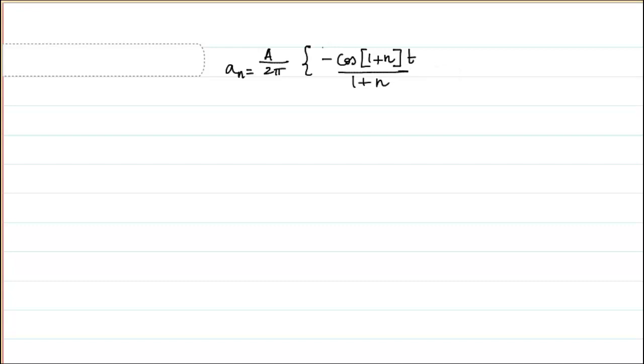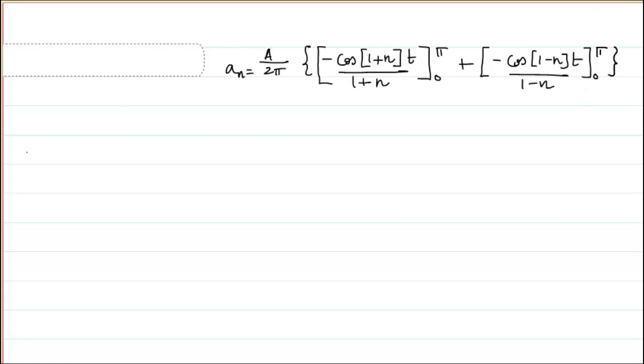Then the limits of that have to be from 0 to pi, plus the second one is again minus cos (1 minus n)t divided by 1 minus n, and again here for t the limit is the same, 0 to pi, let me write pi properly, from 0 to pi.